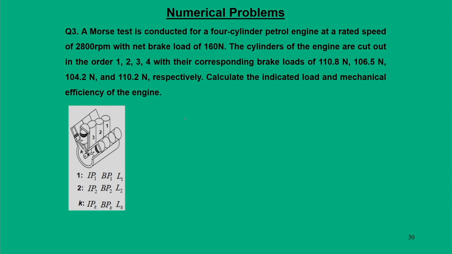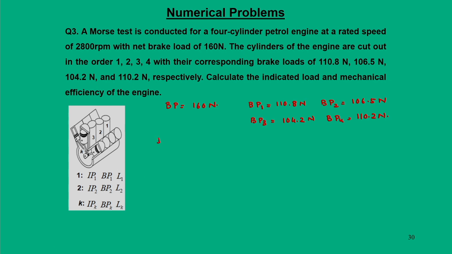The total brake load is already given as 160 Newton. So, total BP is given as 160 Newton, and BP 1 is 110.8 Newton, BP 2 is 106.5 Newton, BP 3 is 104.2 Newton and BP 4 is 110.2 Newton.